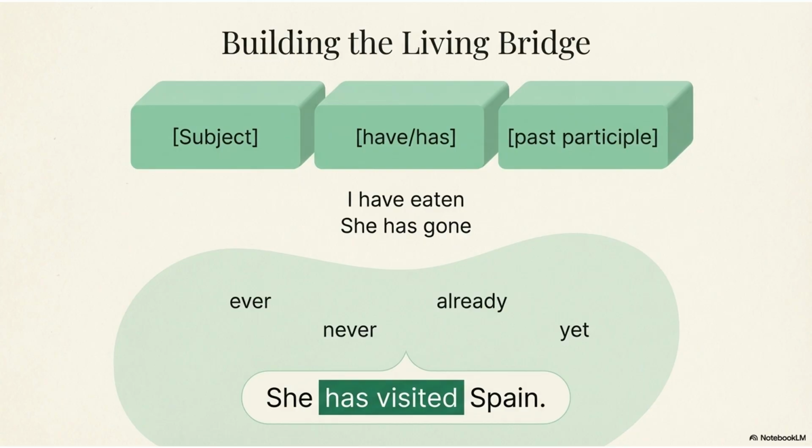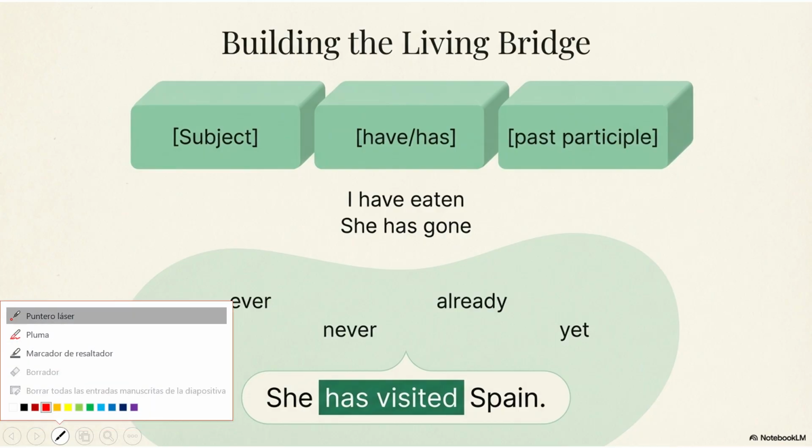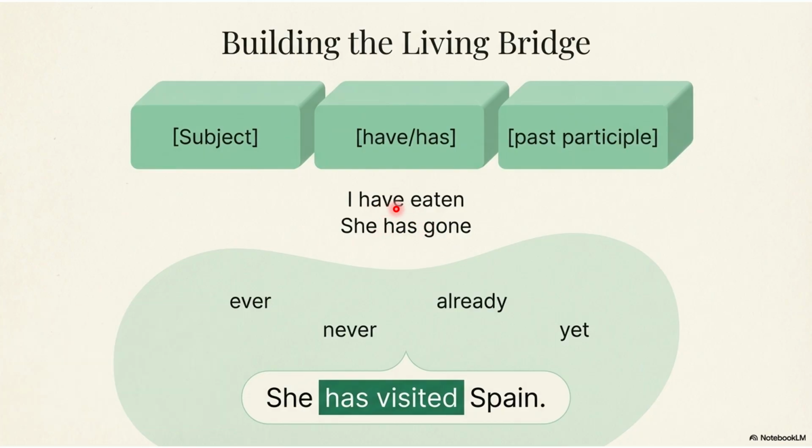We know it's present perfect because we have the auxiliary have followed by the past participle eaten, the auxiliary has followed by the past participle gone. We normally use adverbs like ever, never, already, and yet with the present perfect.